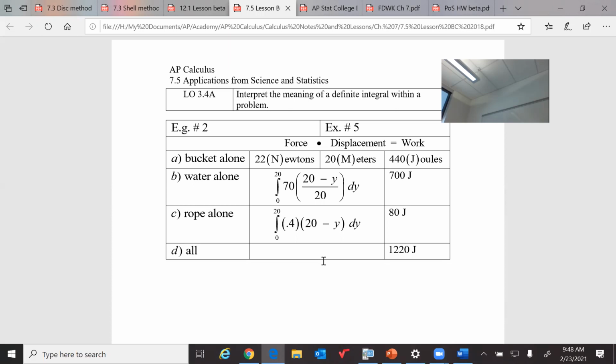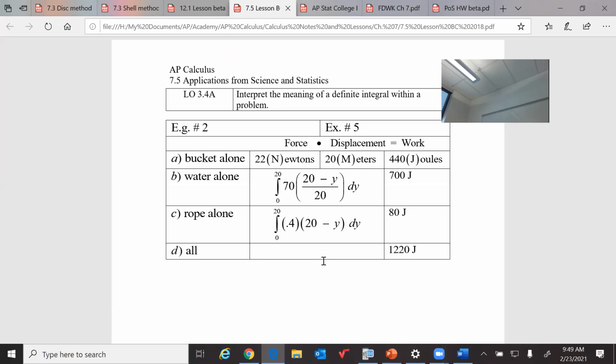How about the water alone? Well, this is the calculus part, so think about what they're saying here. You're going to anti-differentiate this from 0 to 20, which is the height that you're carrying this thing, but you're going to multiply the weight of the water by this factor. 20 take away y divided by 20. Where does that come from? Well, when the height is 0, where you're starting, you multiply the 70 by 1.